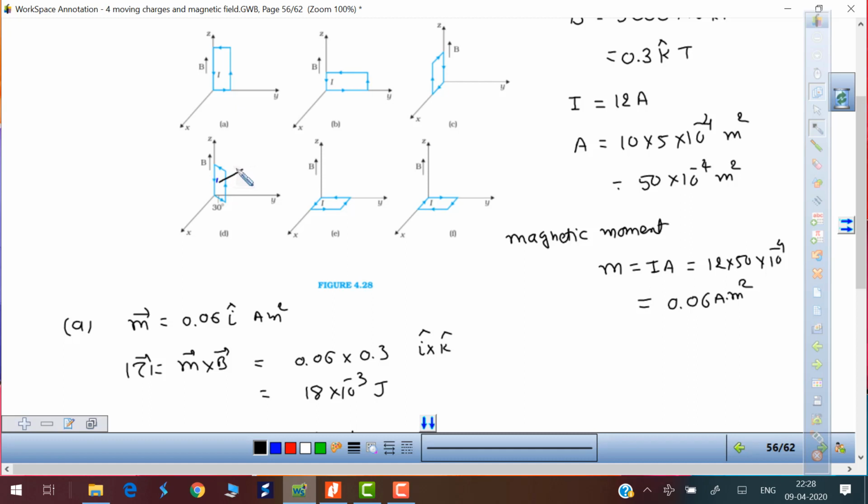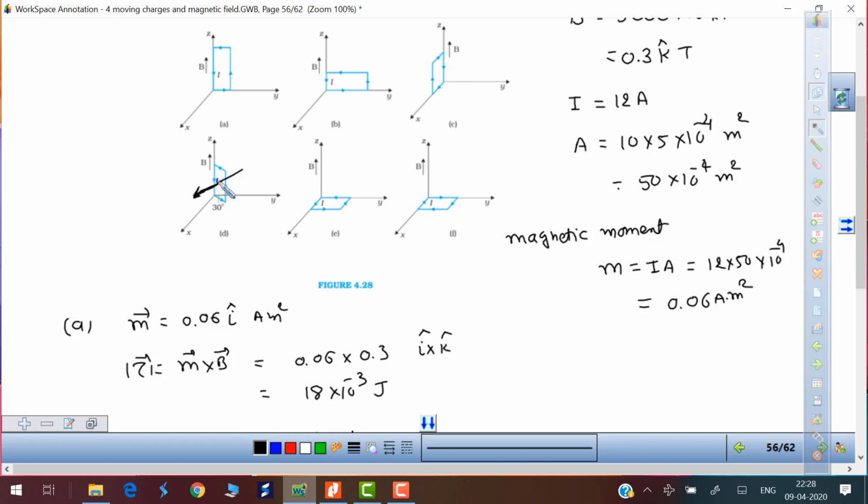This is the magnetic moment, in the outer direction, like this. And the angle between these two is 90 degree. So magnitude wise, not change. So this M is in the xy plane, and the xy plane is perpendicular to Z. So the angle between M and B is 90 degree.